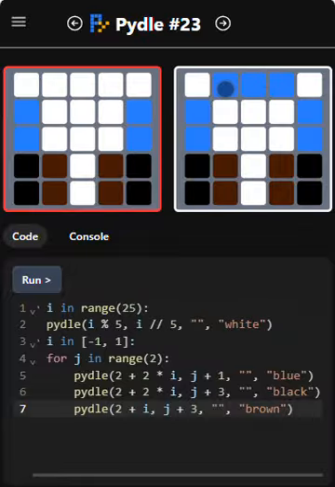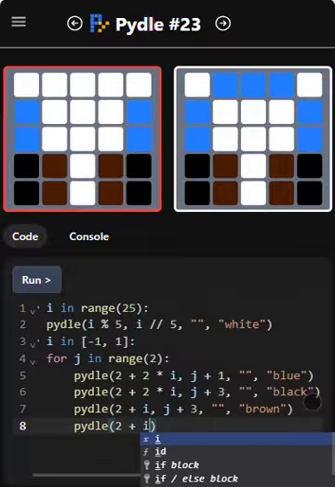Even though it's 3 cells, we can just use our iteration over 2 to do the left and right bits, starting from the center. So we do Pydle, x would be 2 plus i, which is going to give us our left and right.